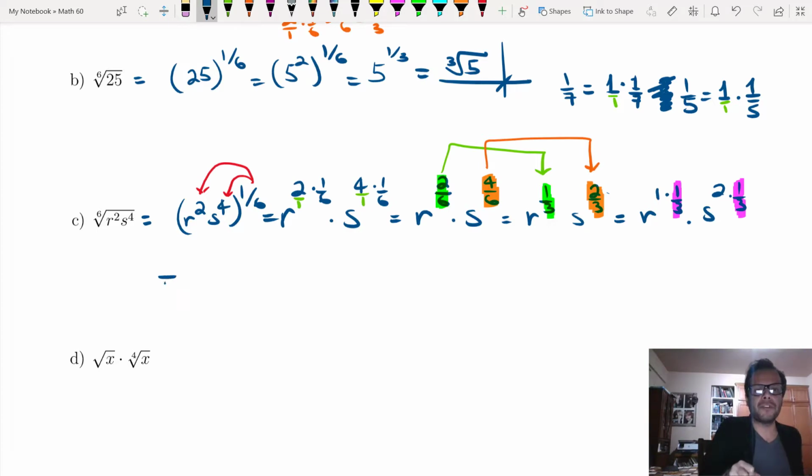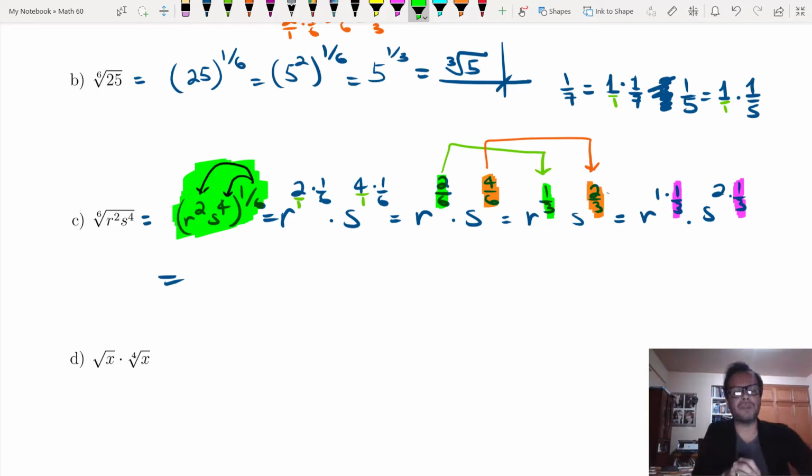Why am I doing that? Because I'm going to do the reverse of what I'm highlighting here. On the quantity I was highlighting at the beginning of the exercise, I was distributing the power to each of the powers inside of the parentheses. Now I'm going to do this backwards.